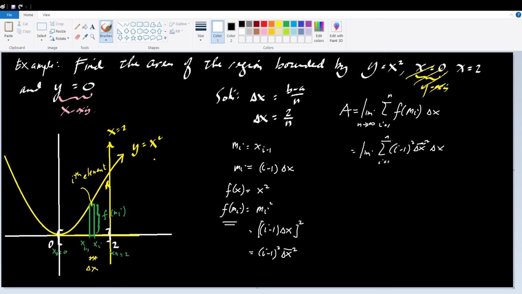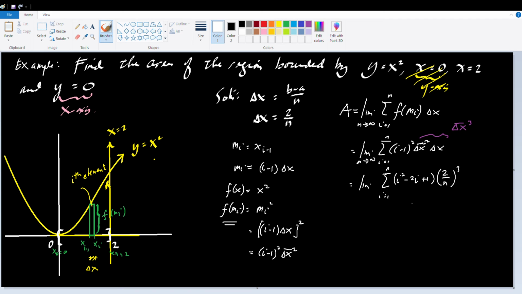So what do we do with i minus 1 quantity squared? Well, we expand that into i squared minus 2i plus 1, times delta x cubed. But what is our delta x? Our delta x is 2 over n. So 2 over n quantity cubed, i from 1 to n.